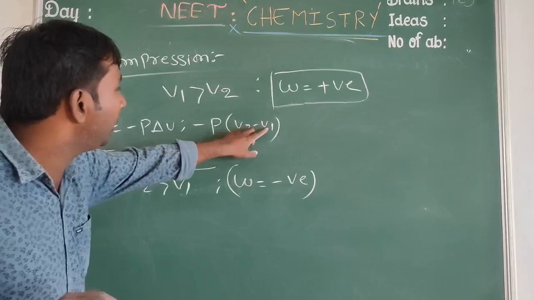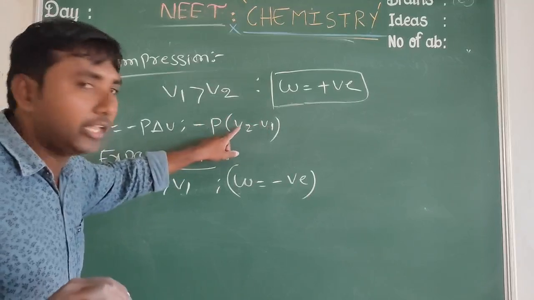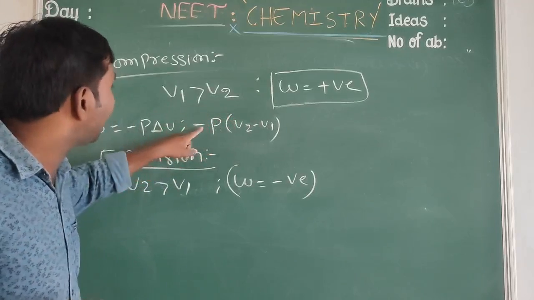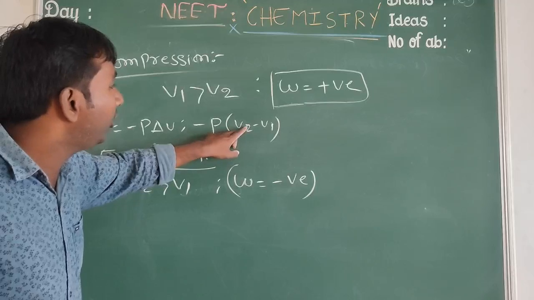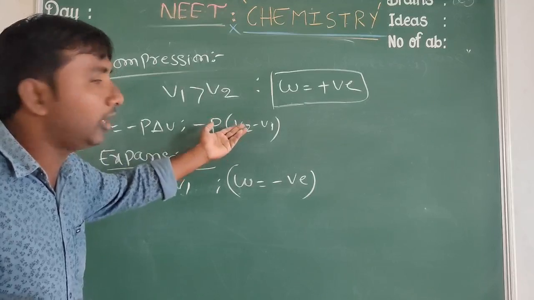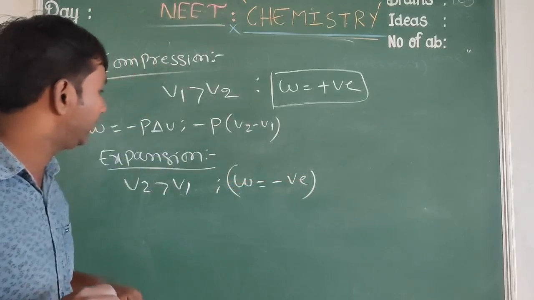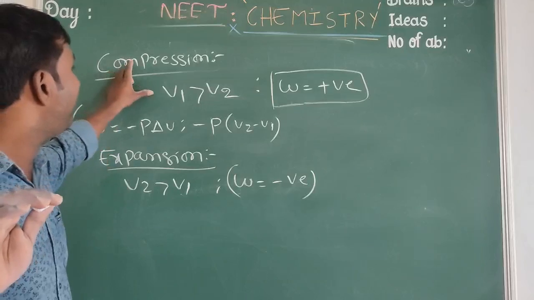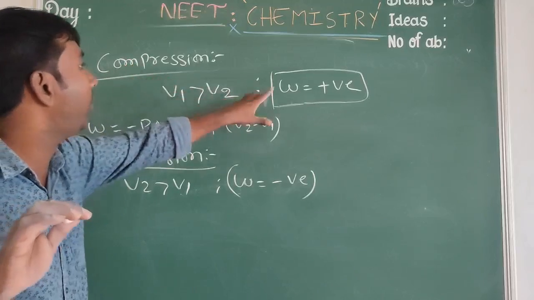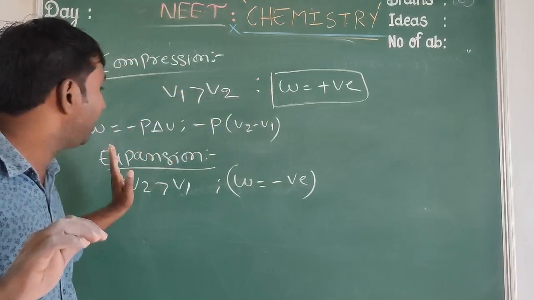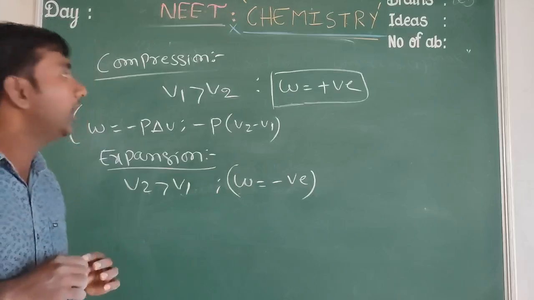If V2 is more than V1, the value comes out minus. That's why work is negative. So simply remember, compression means V1 greater than V2, work is positive. Expansion means V2 greater than V1, work is negative.